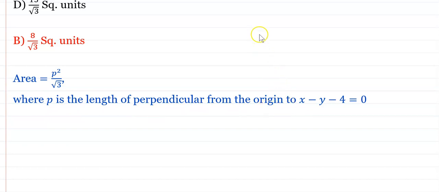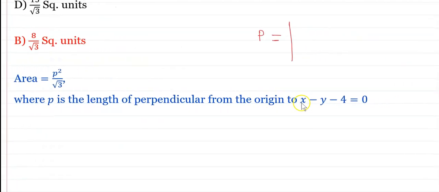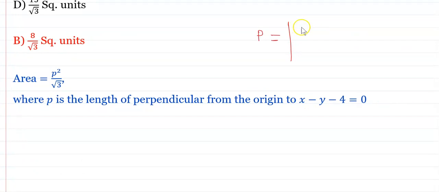Now the perpendicular distance of the line x minus y minus 4 is equals to 0 from the origin is: here the coefficient of x is 1, that is 0 into 1. Next, coefficient of y is minus 1 into 0.